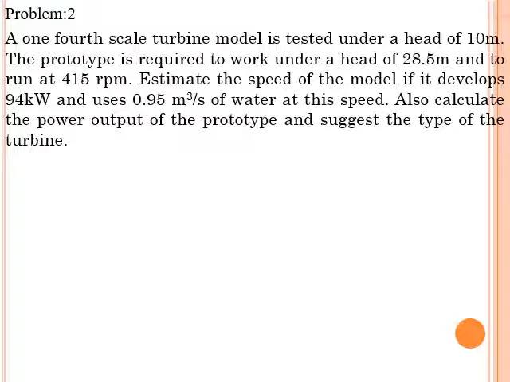Estimate the speed of the model if it develops 94 kilowatt of power and uses 0.95 meter cube per second of water at this speed. Also calculate the power output of the prototype and suggest the type of the turbine required. So this numerical is related to model and prototype.